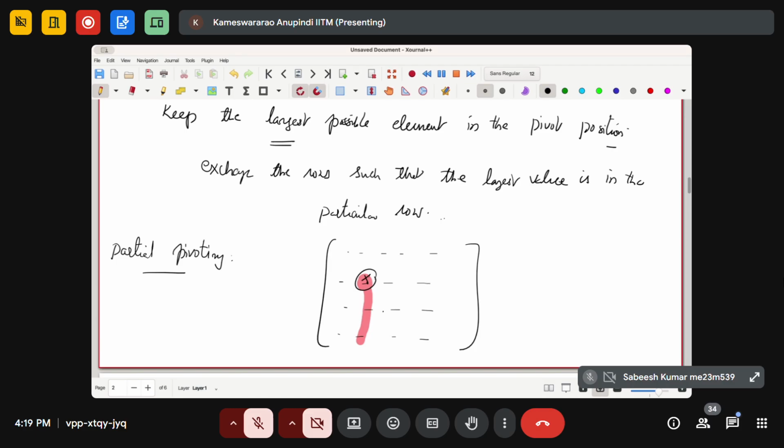If the largest value is found somewhere else instead of here, then I'm going to move this entire row here, and then I'm going to move this entire row here. Okay, I'm going to shift this such that I'm always going to get the largest value in here. Okay, that's what my idea is. So how do we do it?